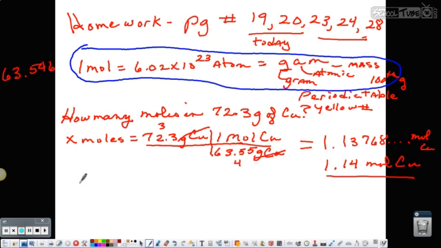Alright, so let's work another one in this little bit of room I have here and change colors to something else so that we can differentiate between them.